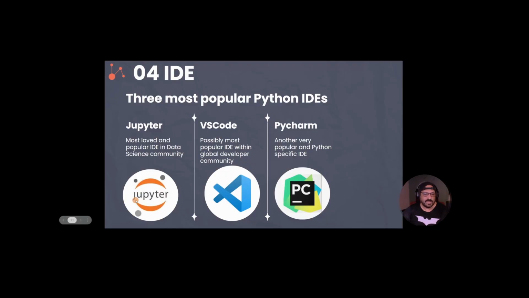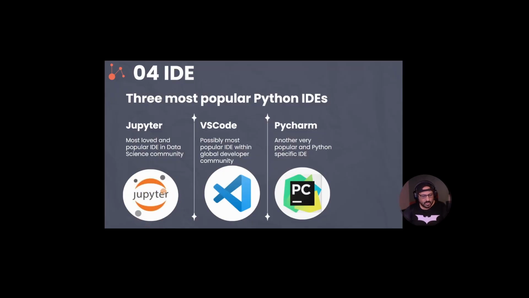JU is Julia, PYT is Python, and R is for the R language. These three languages we talked about earlier in this video, in the first part. These are the three languages for which the Jupyter project was created. But now it supports a dozen plus languages in addition to these three.